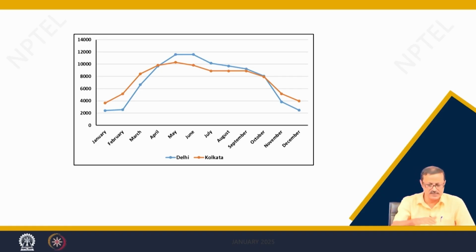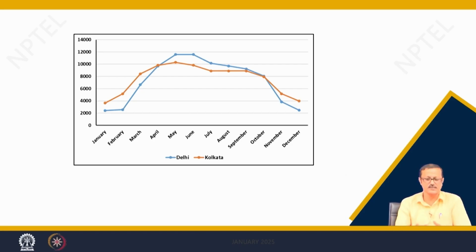So, as you see, you require a bit more heat loading in the first 3 months till March. April both are same, but from April onwards Delhi is picking up, and May, June, July, August, September Delhi is slightly high, with those 3-4 months really high. October both are same again, but November and December Delhi is less compared to Calcutta.